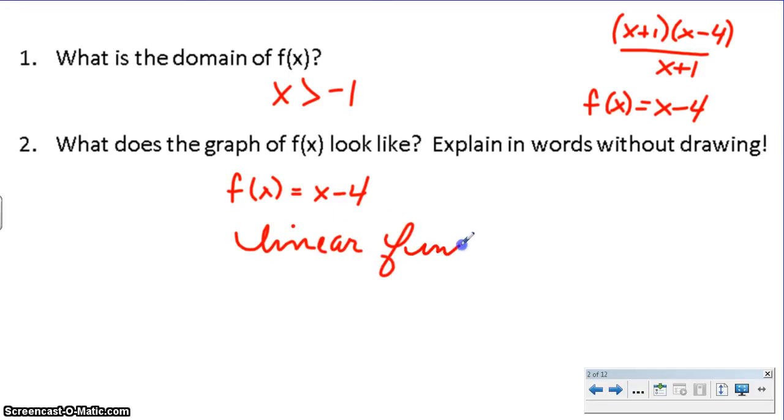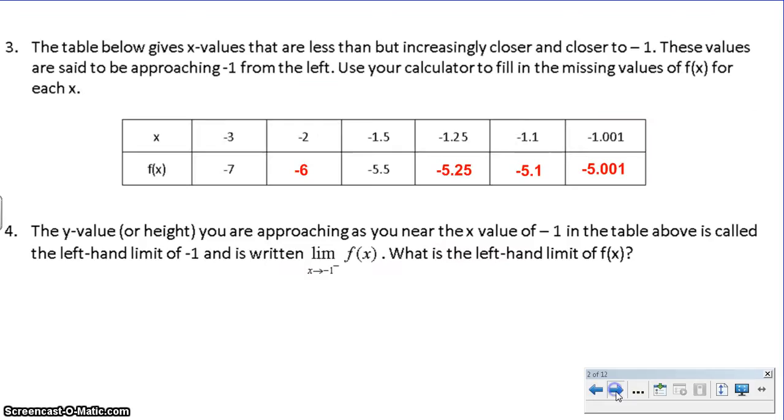So it is going to be a line, but it is going to be a line with that hole like we had discussed at -1, -5. No other real characteristics about the graph that we should know at this point, but you should be able to identify that it is going to be a linear function with a hole, just by simplifying and taking a look at that function.